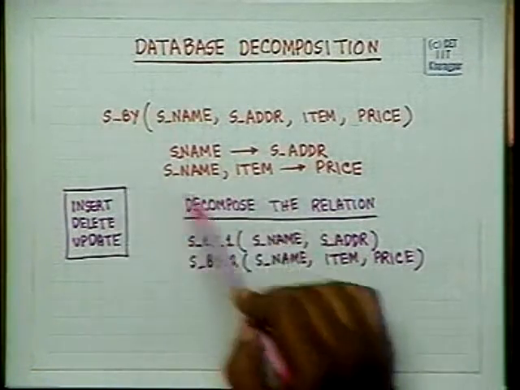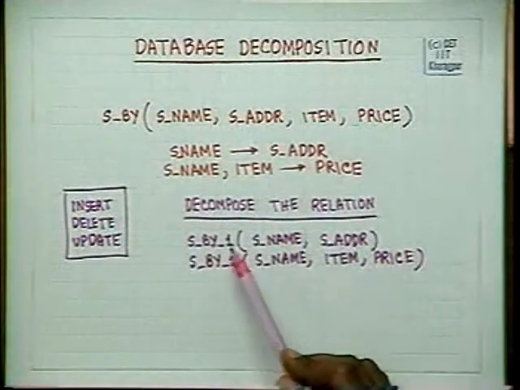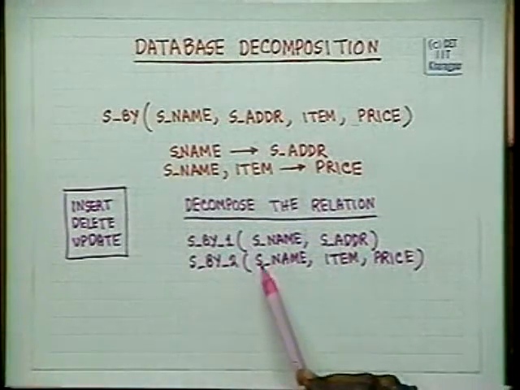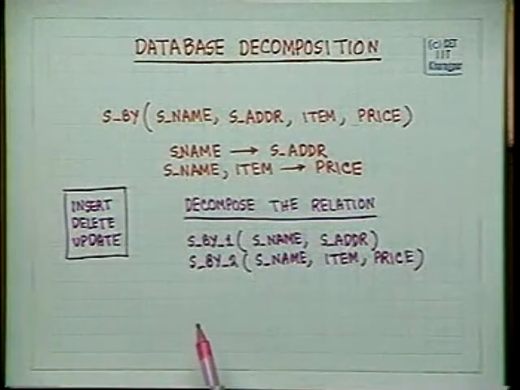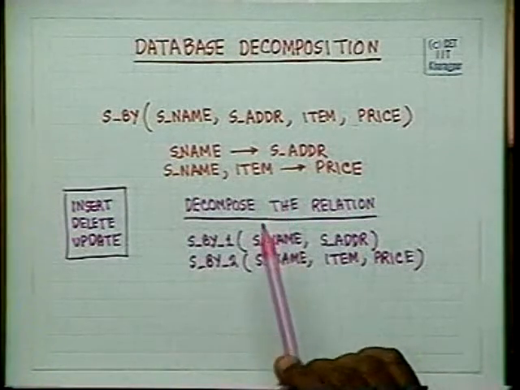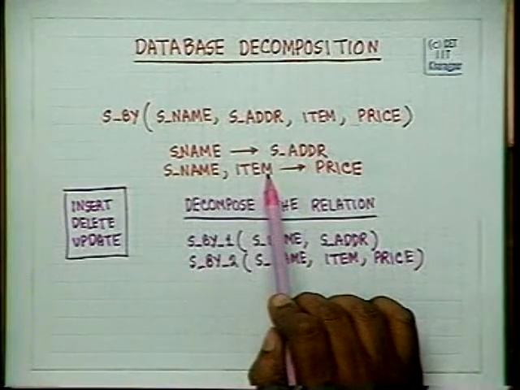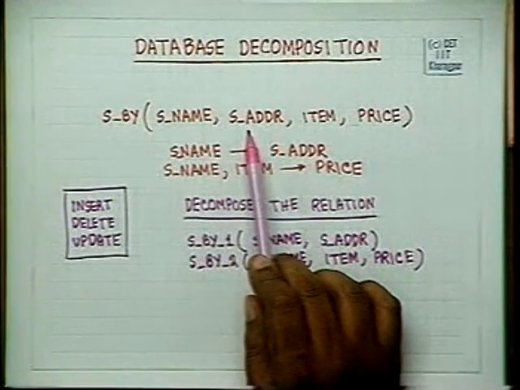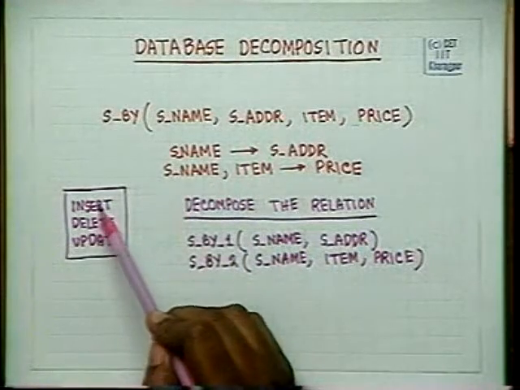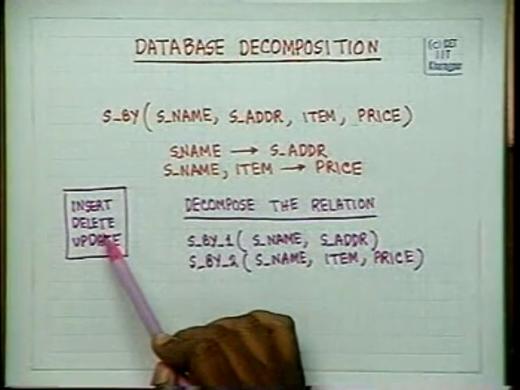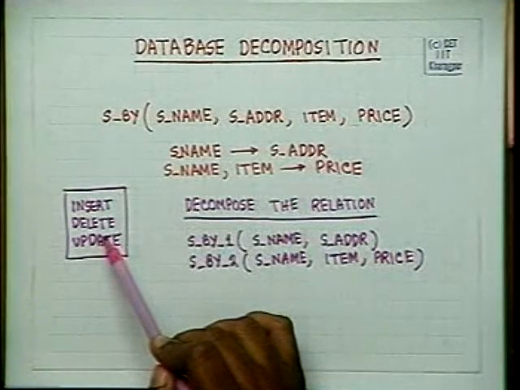So given a set of functional dependencies on a relation, we can decompose it, for example like this. The advantage is that checking of functional dependencies is easier and less expensive, and there is less redundancy, and some of the anomalies which may arise due to insertion, deletion and updation may be avoided.